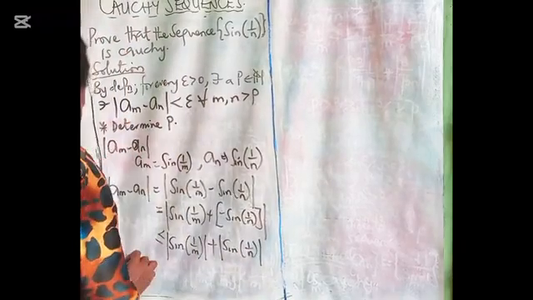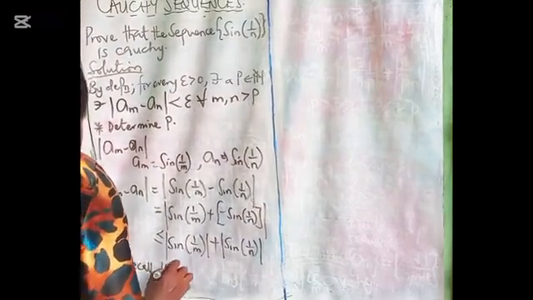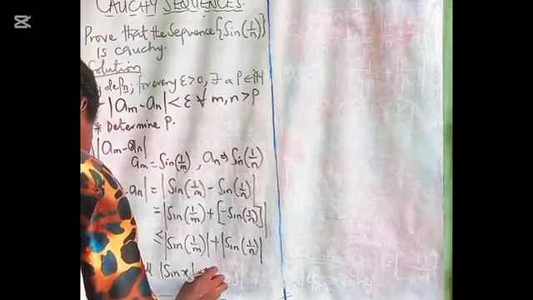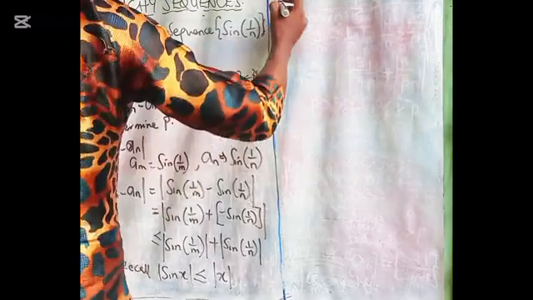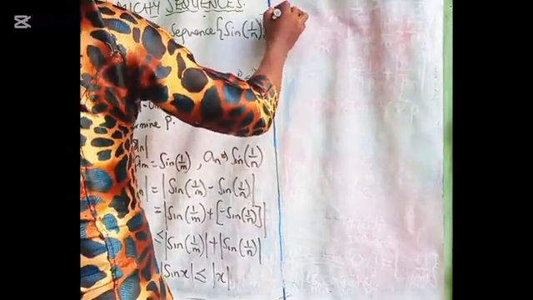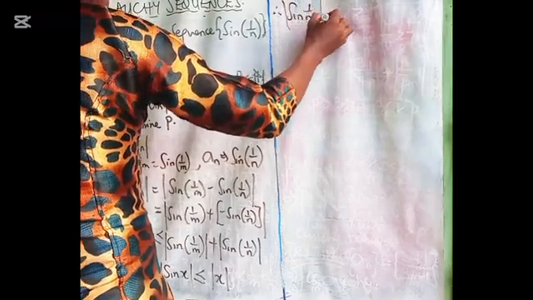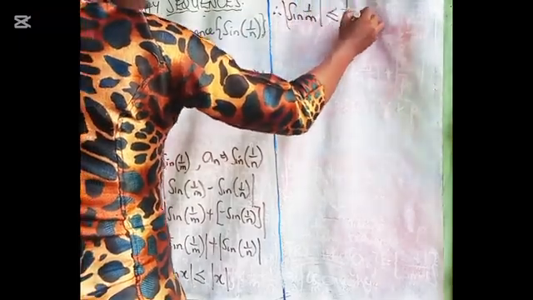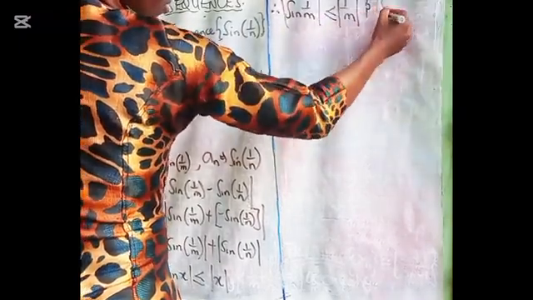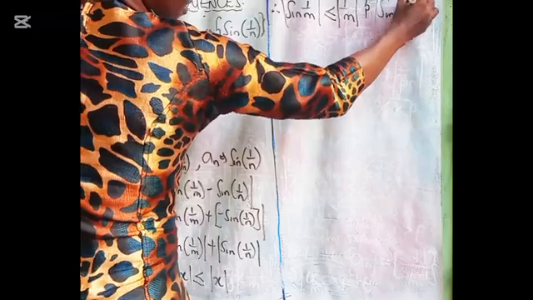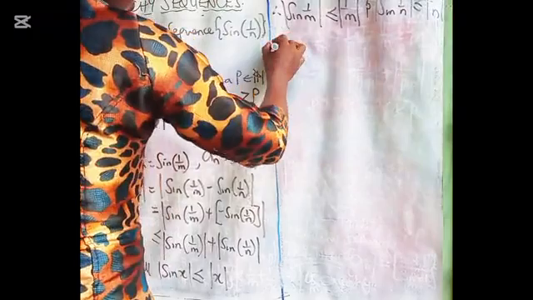But recall that the absolute value of sine x is less than or equal to the absolute value of x. Therefore, the absolute value of sine 1 over m will be less than or equal to 1 over m, and the absolute value of sine 1 over n will be less than or equal to the absolute value of 1 over n.